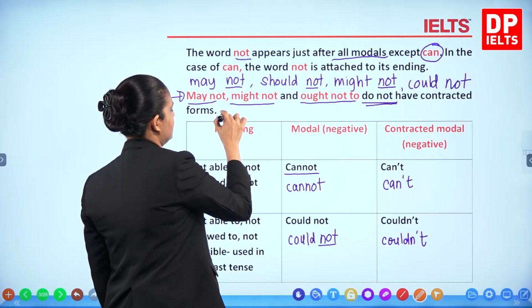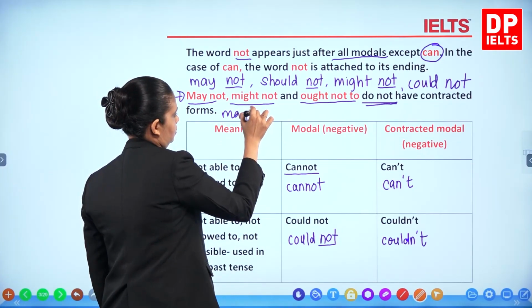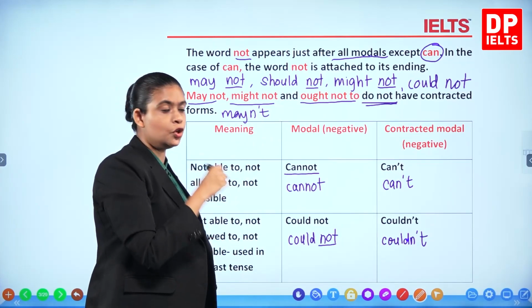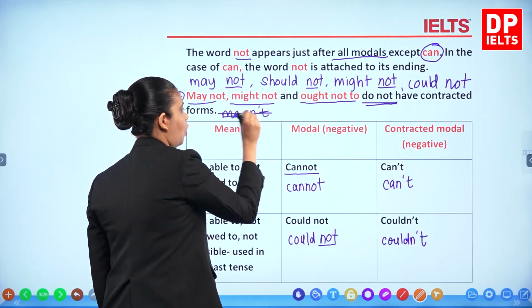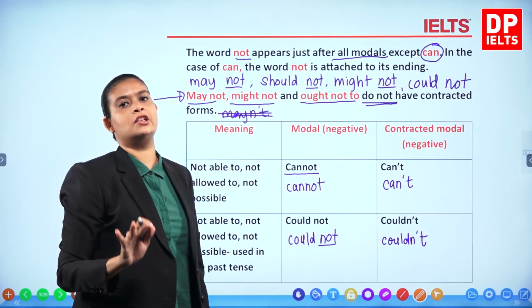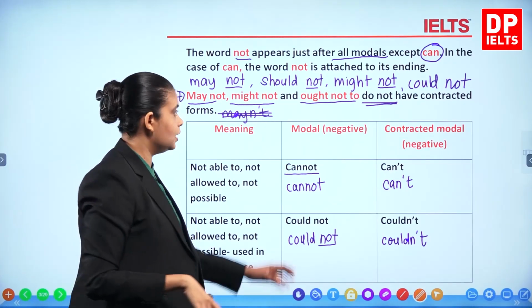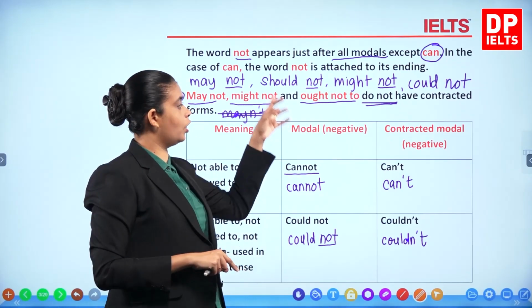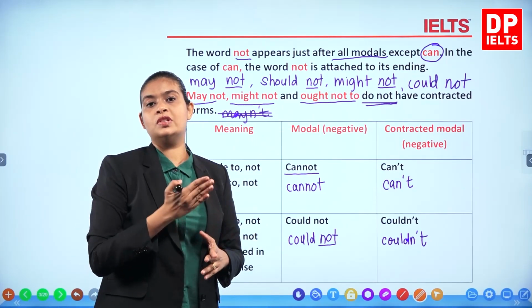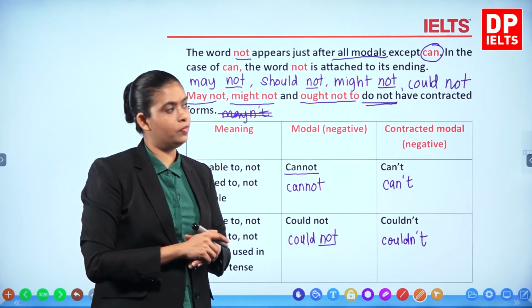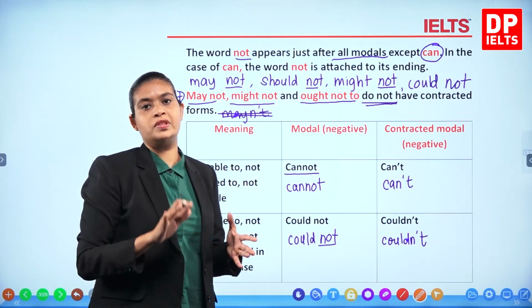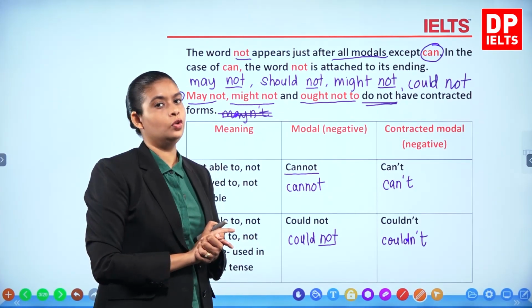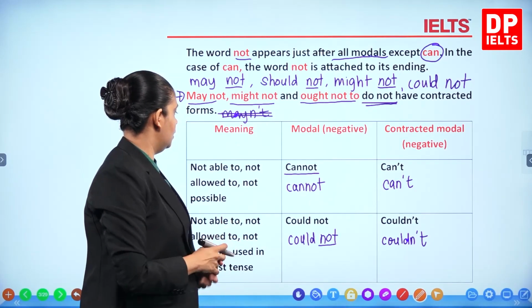There's nothing like saying mayn't. Do we have such things? No, that is wrong. We don't have such contracted forms, right? So for may not, might not, ought not to, we don't have a contracted form, right? We do not use any contracted form for those modals.